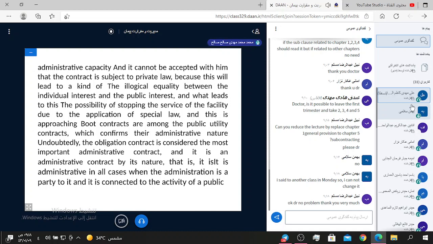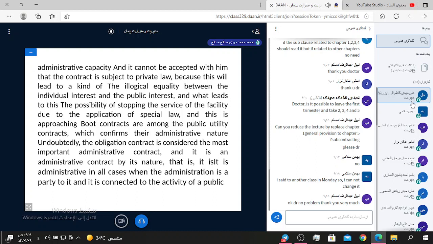Administrative capacity, and it cannot be accepted, as he says, that the contract is subject to private law, because this will lead to a kind of theoretical equality between the individual interest and the public interest, and what leads to this is the possibility of stopping the service of the facility due to the application of special law.